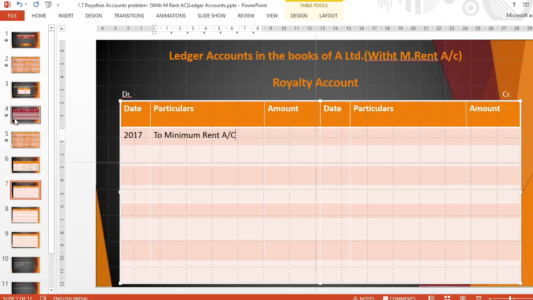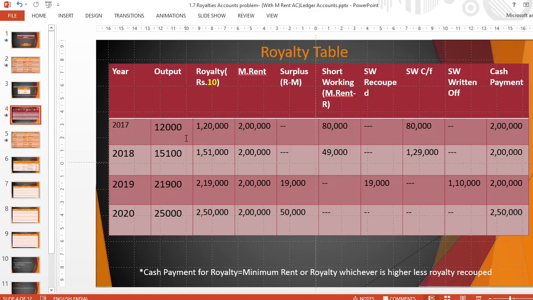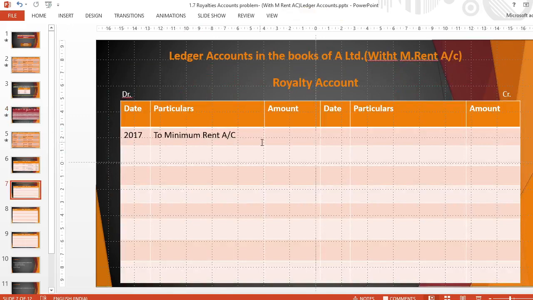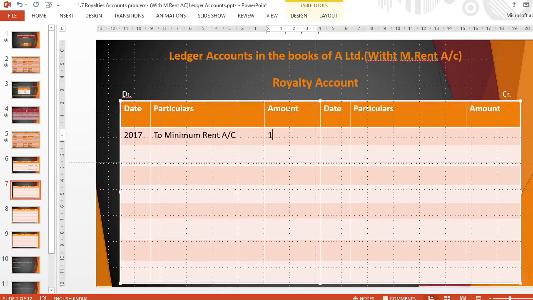So here for the first year the royalty amount is 1,20,000. So we are going to transfer 1,20,000 here. And again, this royalty amount is transferred to production account. Here royalty is based on the extraction.